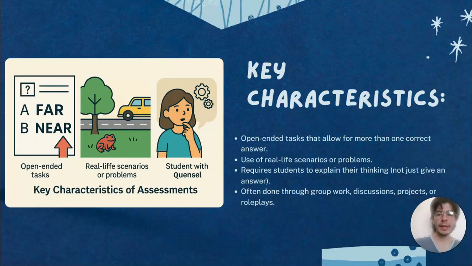So moving forward, we have some key characteristics. One of them is open-ended tasks that allow for more than one correct answer, using real life scenarios, as you can see in these images, and requiring students to explain their thinking, not just to give an answer. All of the answers are correct.